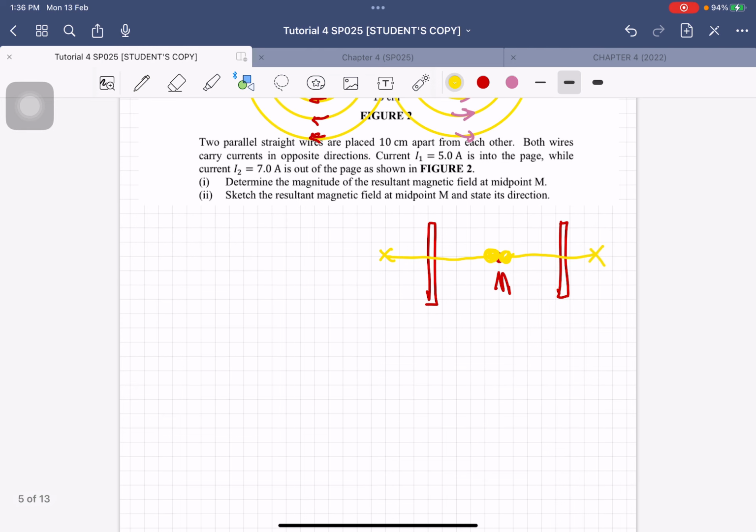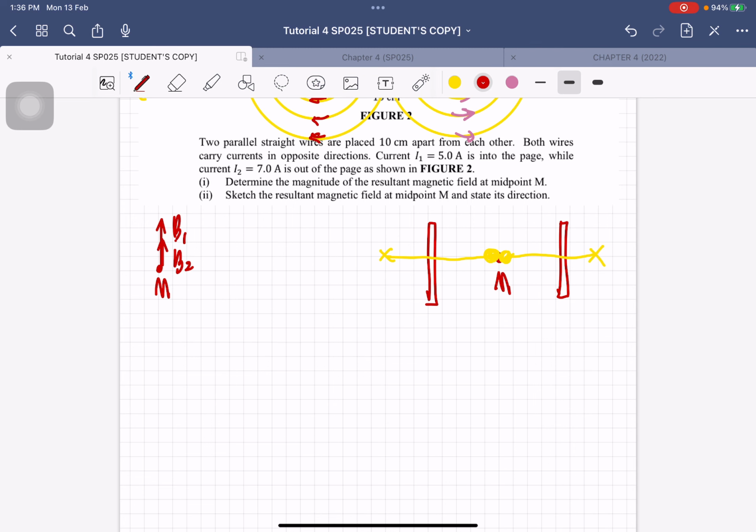So sebenarnya kita punya lukisan is actually upwards. It's gonna be pointing upwards, both of them. So I'm just gonna add an arrow dia aja lah. Okay, so this is point M, this is B1 dengan B2 lah.